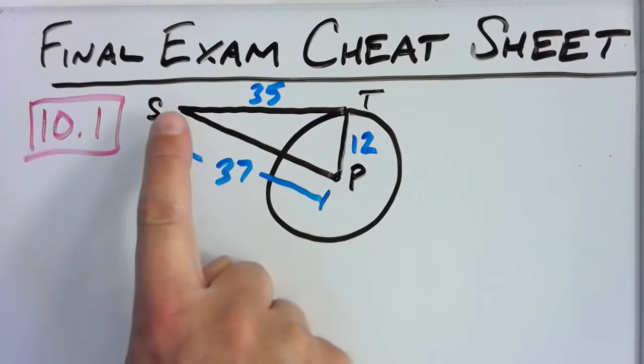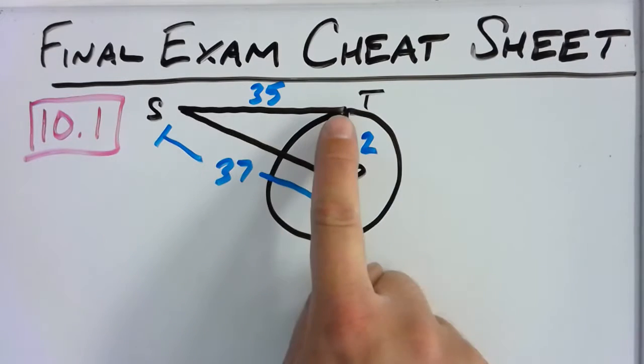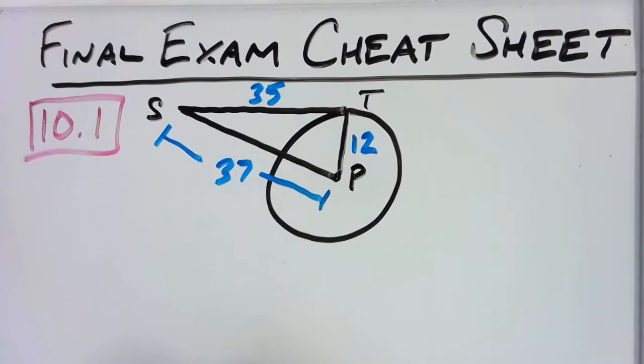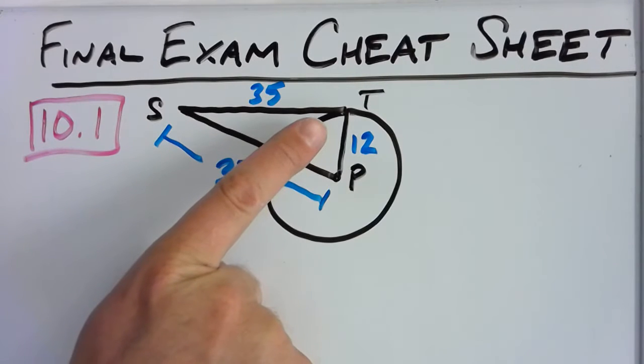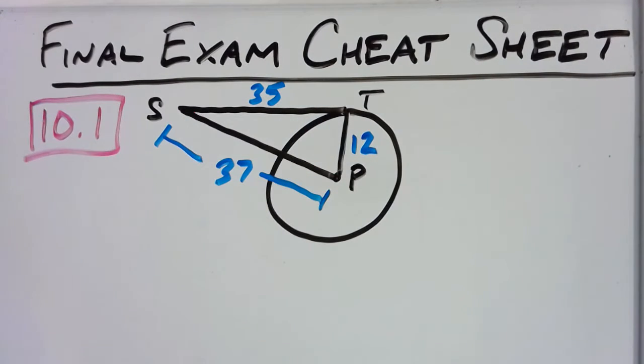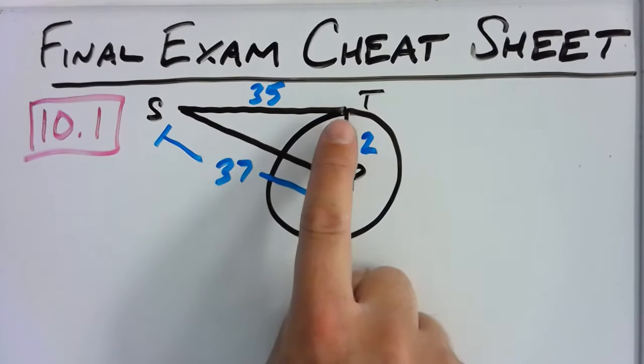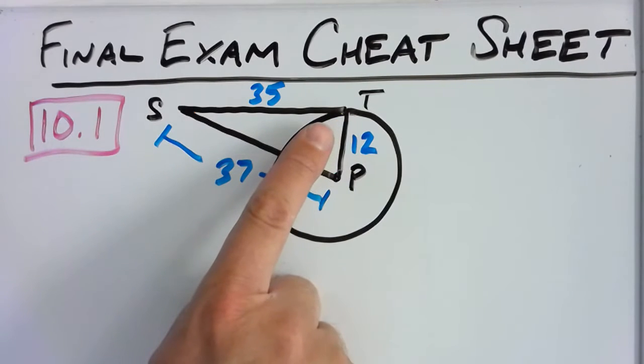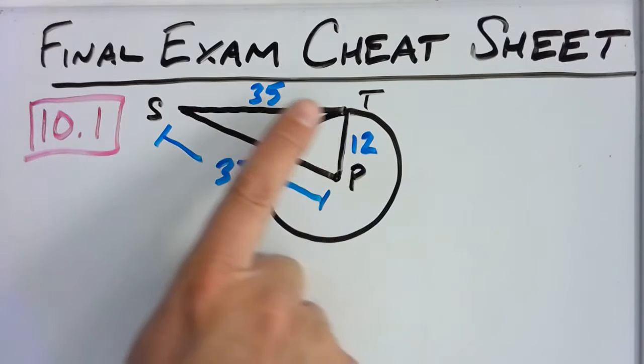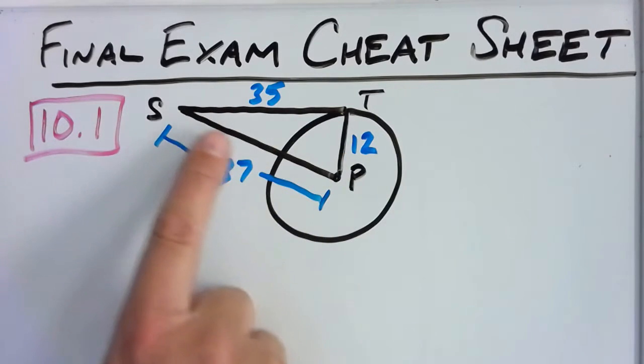So in this problem, when we are asked whether or not this segment is tangent to the circle, it's just another way of asking, is this a 90-degree angle? And that ultimately is how we're going to use the procedure here to solve the problem. Because let's assume first that segment ST is tangent. That's going to force this angle to be a 90-degree angle and fundamentally make this triangle a right triangle.